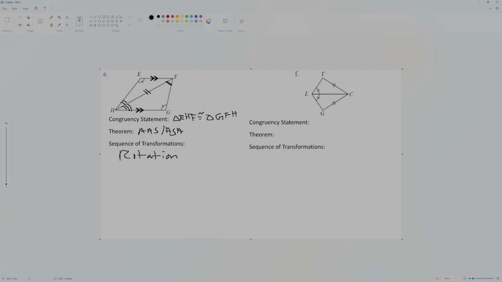And then for this last one over here, we know the sides are congruent by the reflexive property. However, since it's not an included side, we would have to say that these are not congruent triangles. Okay. If these arcs were over here, it would work. Side angle side. But that's not the case. So these triangles are not congruent for part F.